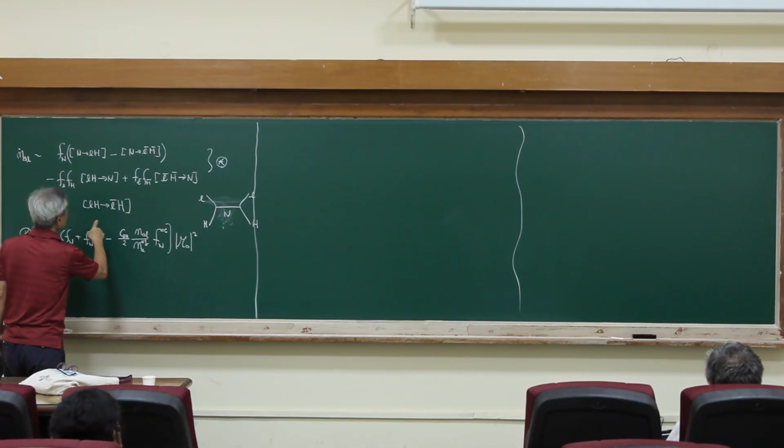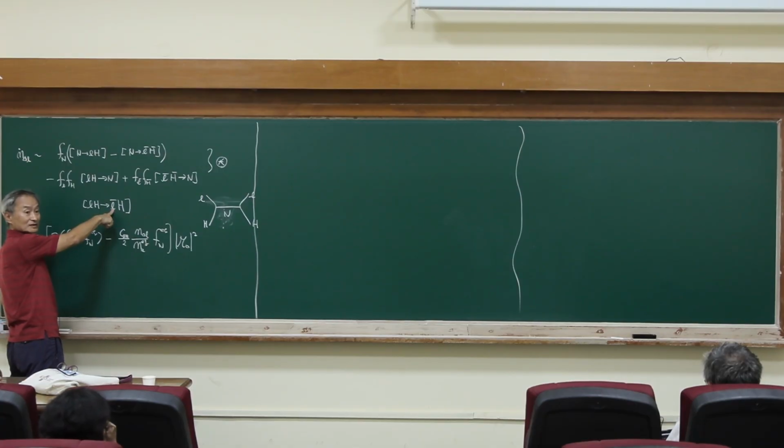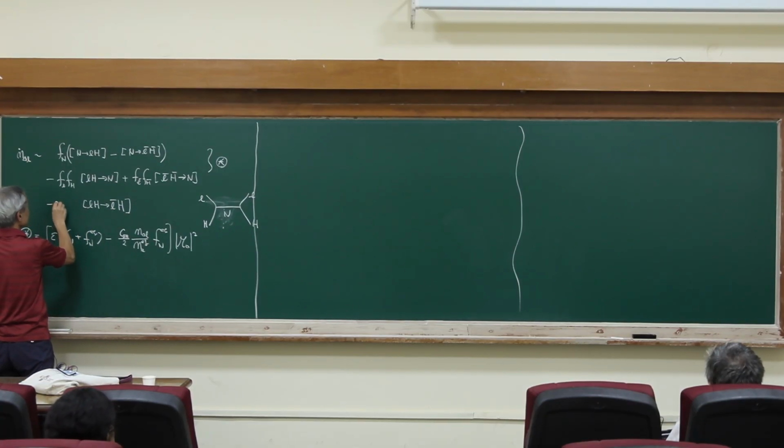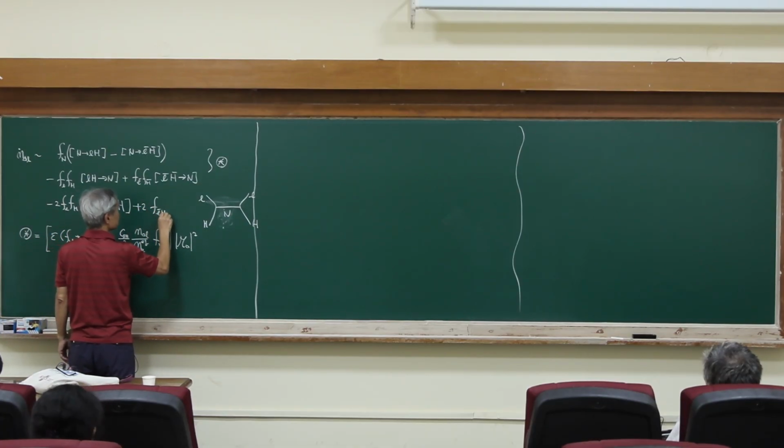Here, this 2-2 scattering violating lepton number by 2 units should be included. So LH going to L bar H bar, there is a minus 2 unit change, and there's a plus 2 unit change.